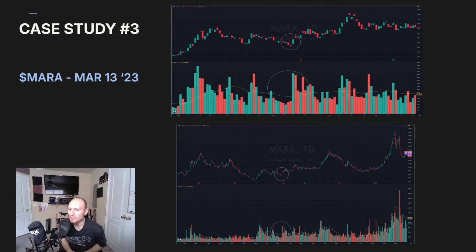So let's look at Mara. Same thing here. Volume was actually decently low on those first two candles there. So why was there so much volume on that third candle pushing it up?